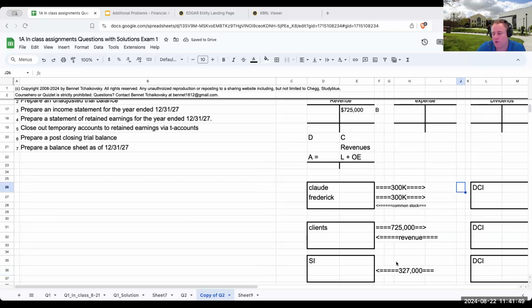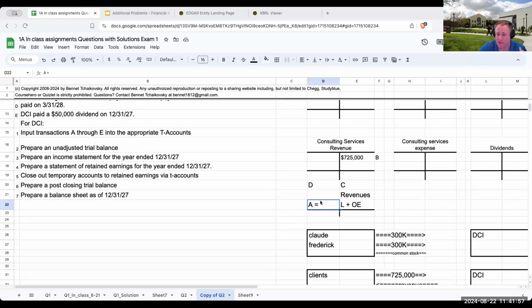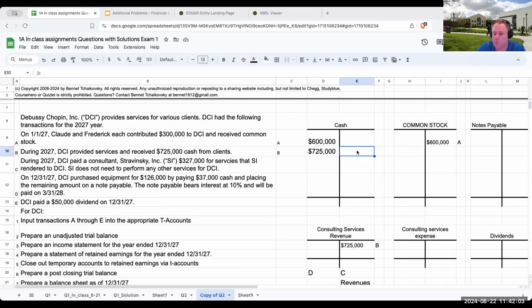When we're giving Stravinsky $327,000 cash, what's happening to cash? Well, cash is an asset, and if I'm paying somebody money, I'm going to show a decrease to that cash with a credit. So right over here, I'm going to credit cash for $327,000.